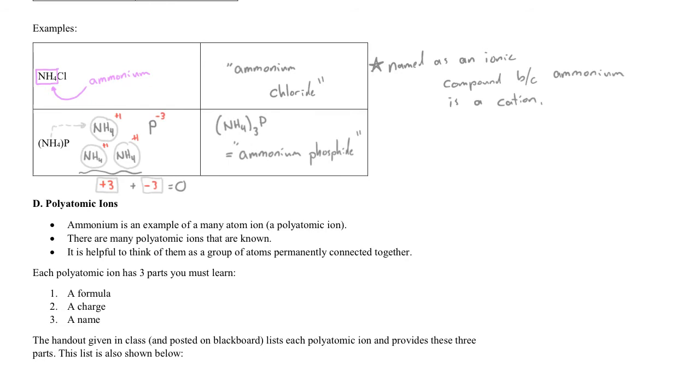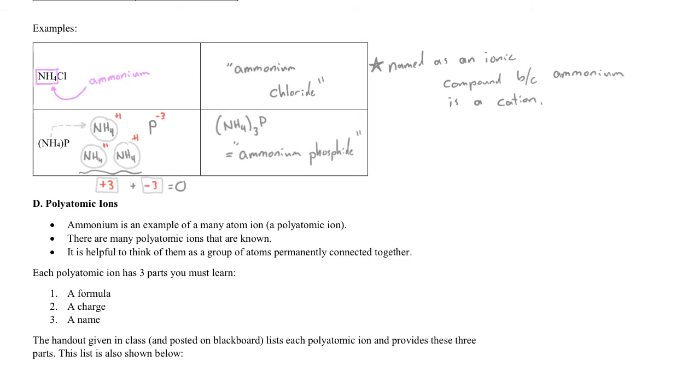So that's ammonium, and it's the first example in here that you've seen of something called a polyatomic ion. Polyatomic ions are a small group of atoms, a collection of atoms that are permanently or close to permanently connected together. So you can think of them as a group of atoms that's stuck together. And your job is going to be identifying and naming polyatomic ions.